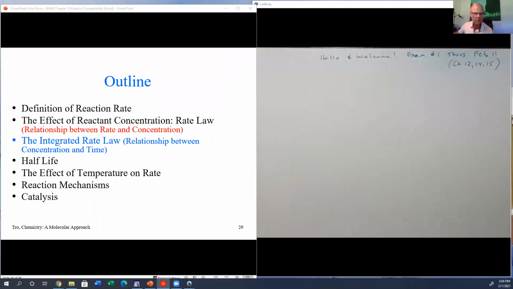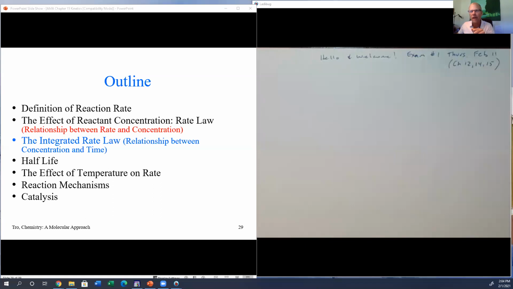Megan. I know this might sound kind of silly, but I'm still confused on when it's going to be a negative rate of change or when it's going to be a positive rate of change. Right. Okay. I'm going to do some examples today that hopefully will clear that up. If you're defining the reaction rate with regard to a reactant, since reactants go down in concentration, you put a negative sign in there.